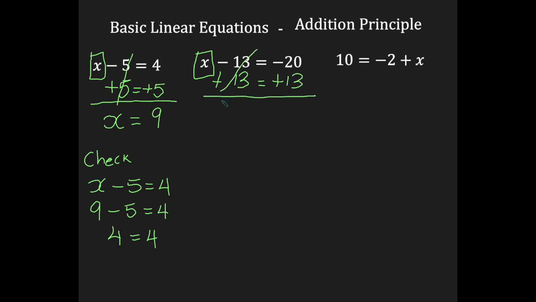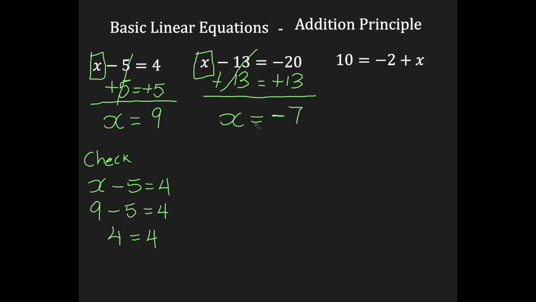This is going to eliminate the 13 because remember we want x all by itself. And then here we're going to combine. Now I notice my signs are different. When your signs are different, you perform a subtraction. So I'll go on the side and probably do the working. 20 take away 13 is 7. Who is the bigger number? The 20. So my answer is negative 7.